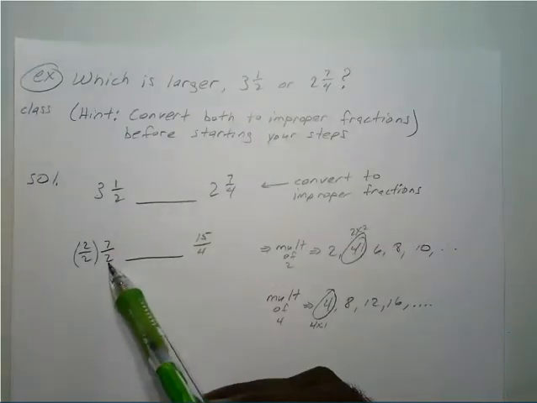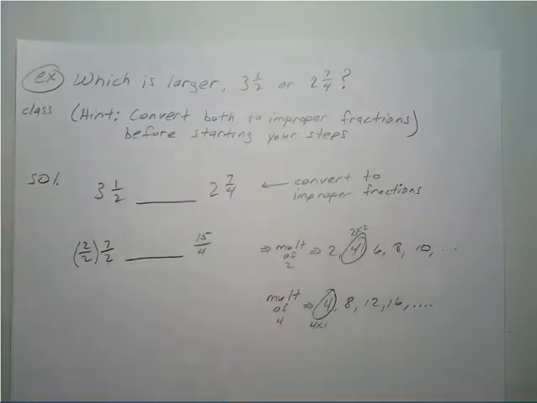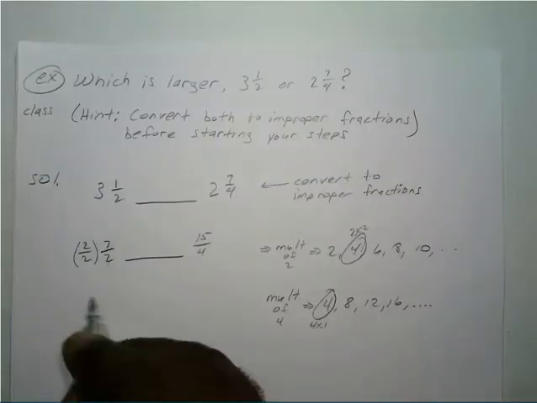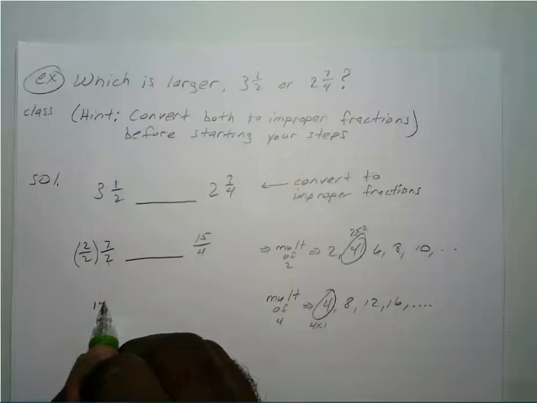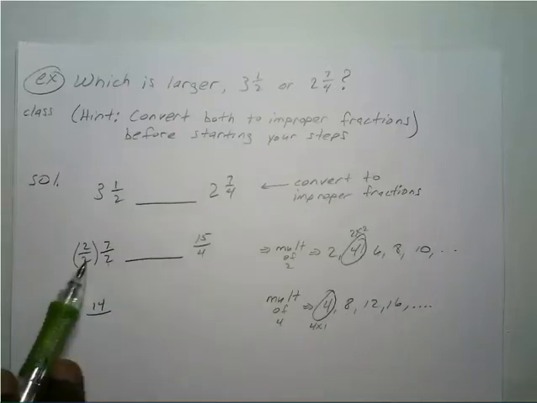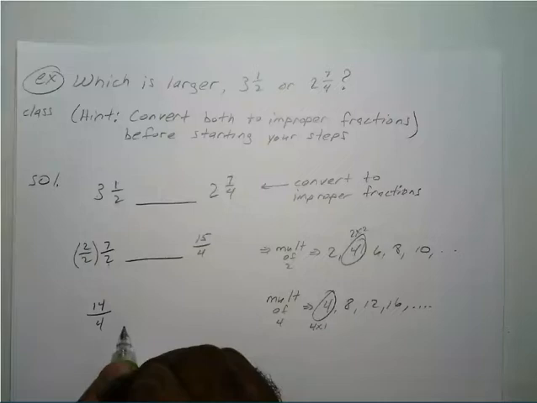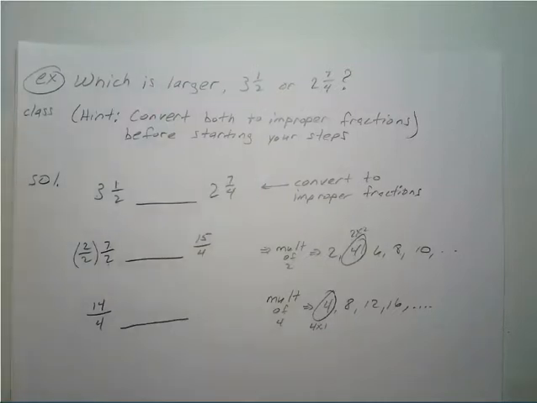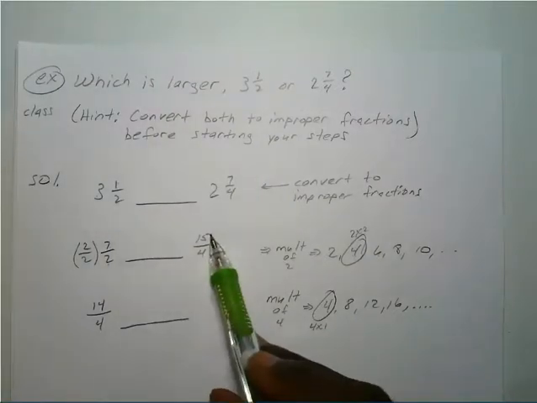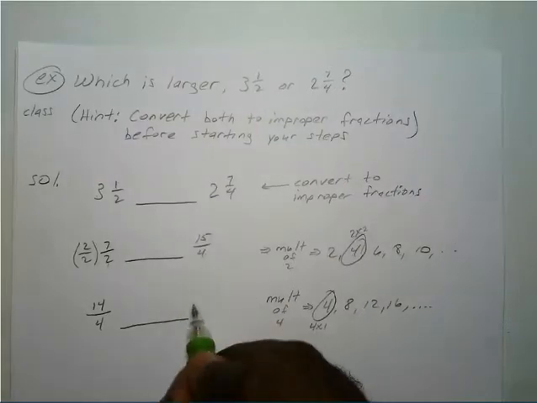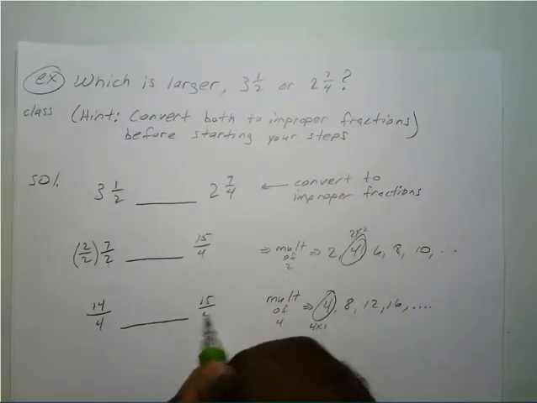So if we multiply the denominator by 2, we have to do the same to the numerator. So we have 2 times 7, which is 14, over 2 times 2, which is 4. And we have 15, since that was already 4, we didn't have to multiply this one by anything. So we still have 15 over 4.